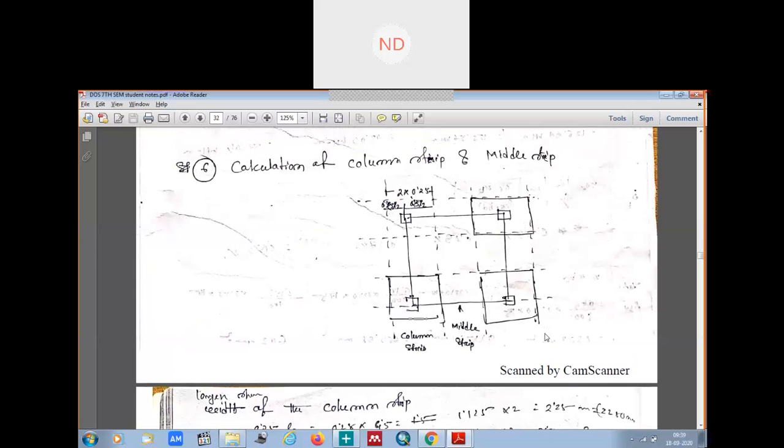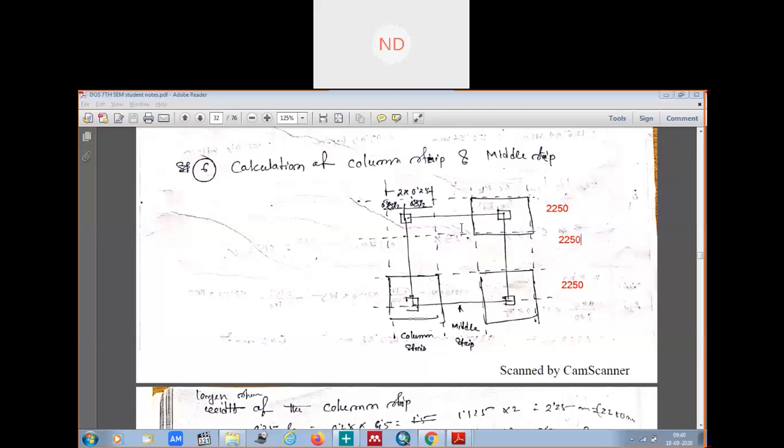Suppose now, along the shorter span, if I take again this one, so we got this to be 2250, this also to be 2250, this column strip to be 2250, this also.